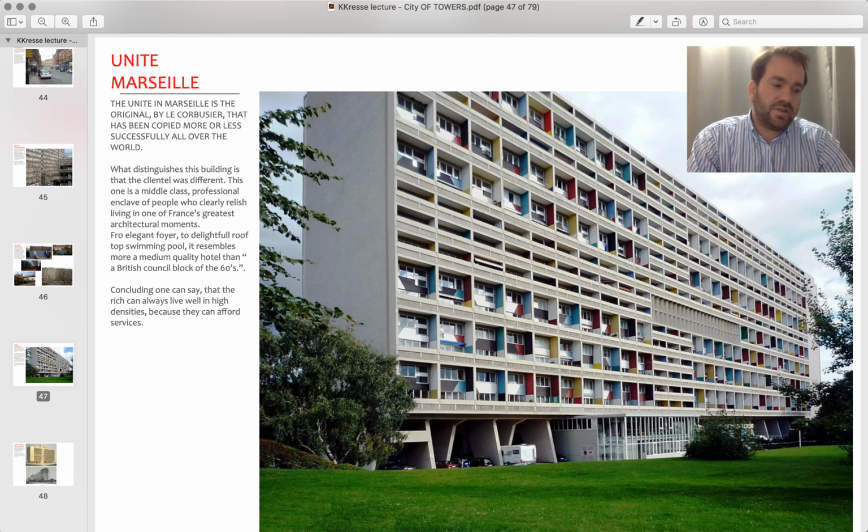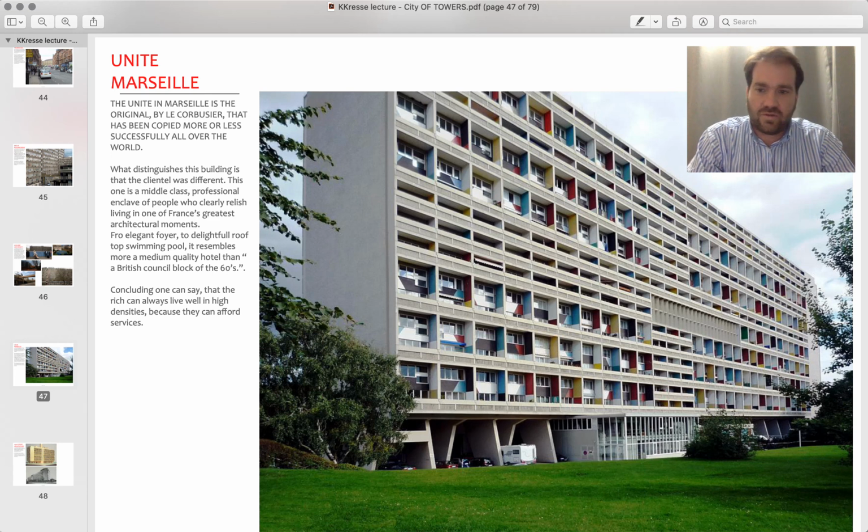So this worked. So this is maybe a counterexample where you can say, yeah, high-rise living can actually work. It's a big discussion in Europe and also in the US. Is high-rise a bad typology in itself? Which, if you look at it from a Korean perspective, is quite a ridiculous discussion, right?